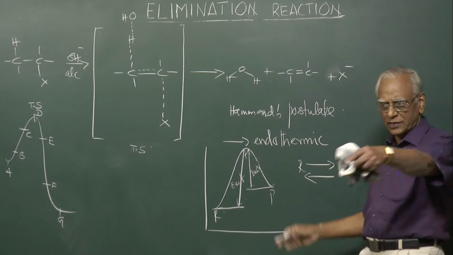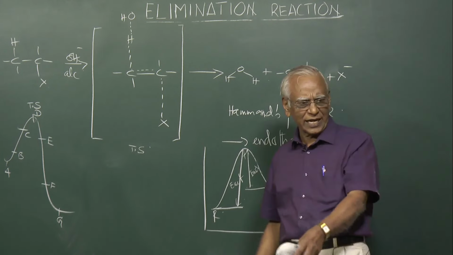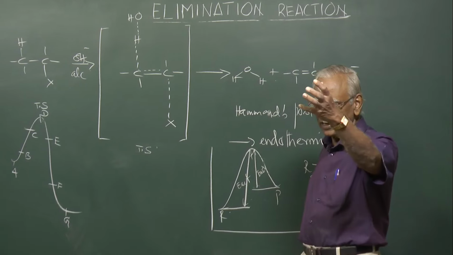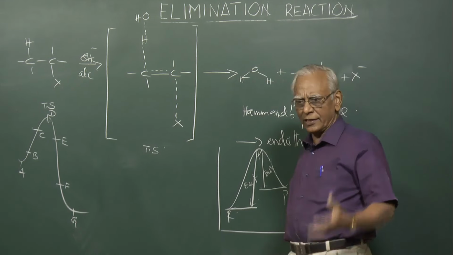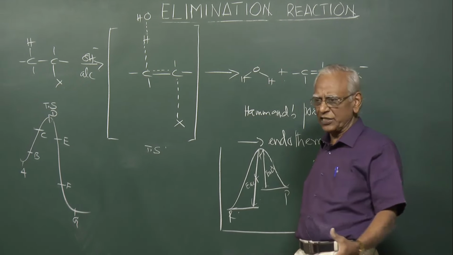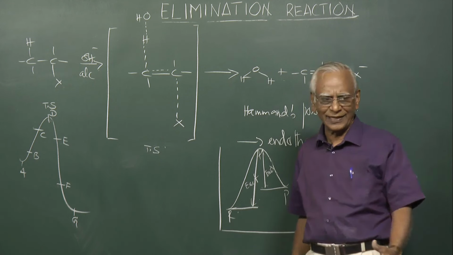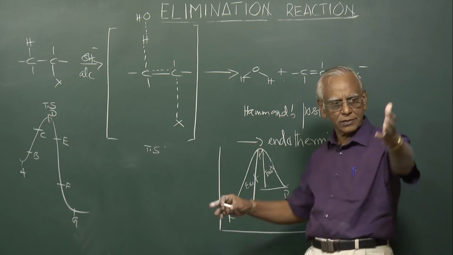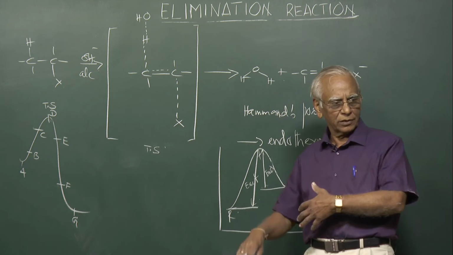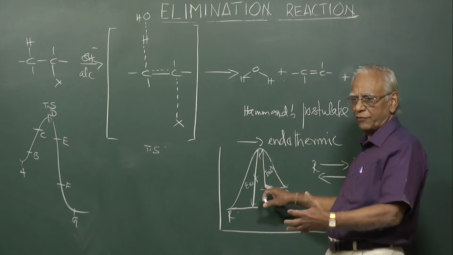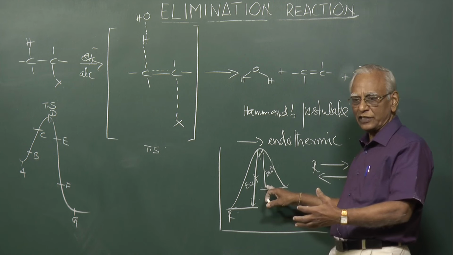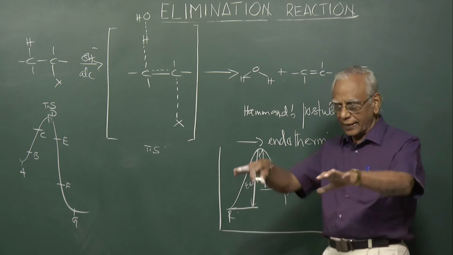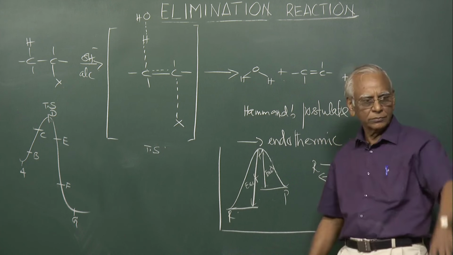In an endothermic reaction, and this could be one simple question for the main examination: which of the following statements is right? For the endothermic reaction, the activation energy for the forward reaction is greater than that of the backward reaction. Yes, true. Or it could be the other way about: for an endothermic process, the activation energy for the reverse reaction is greater. They are identical. None of the above.